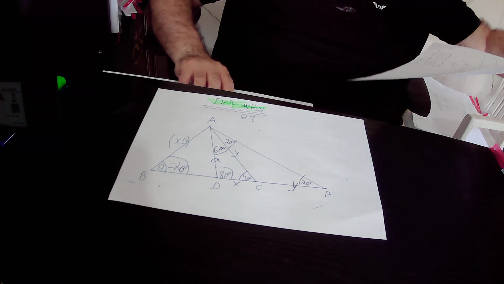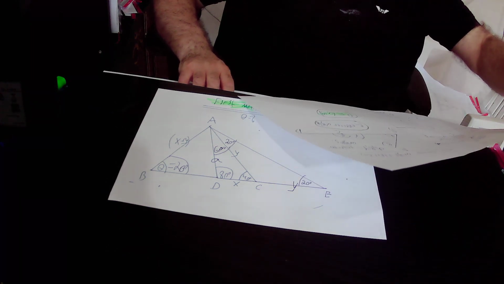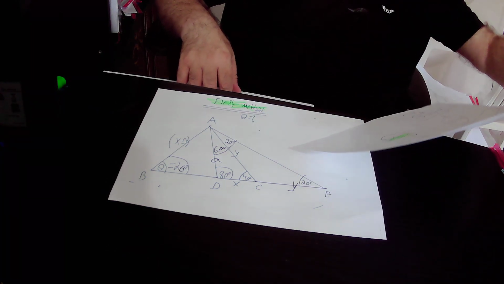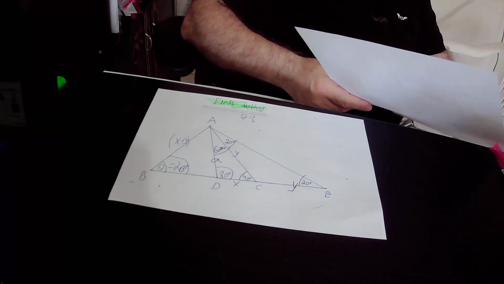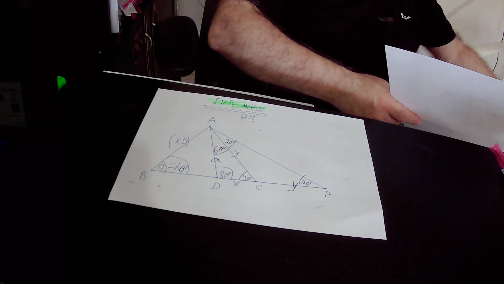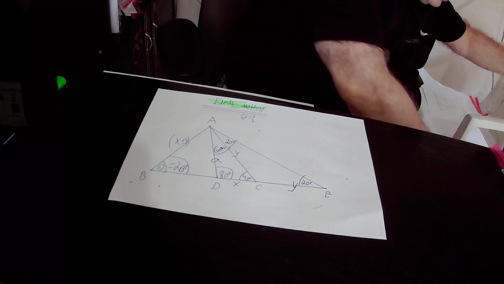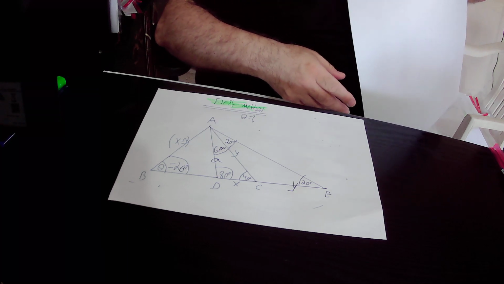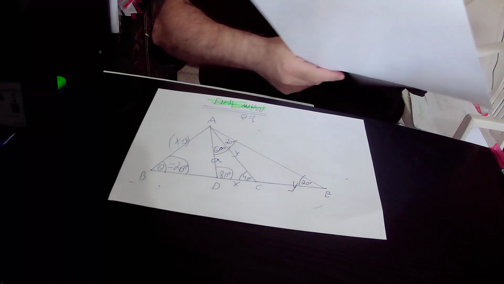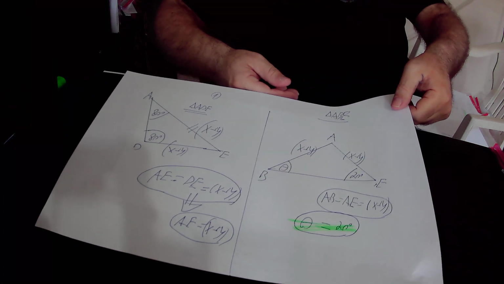40 degrees equals alpha plus alpha. And if 40 degrees equals alpha plus alpha, then it means that 2 alpha equals 40 degrees.